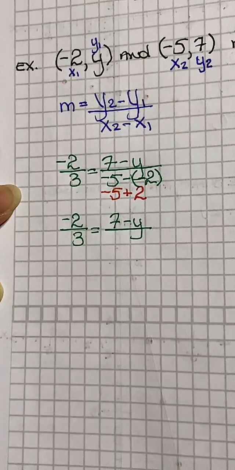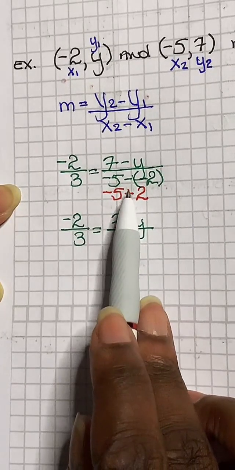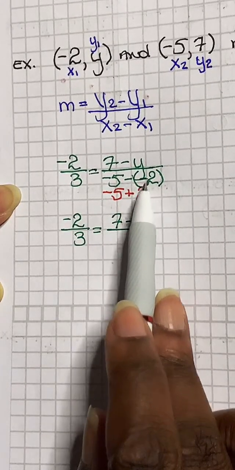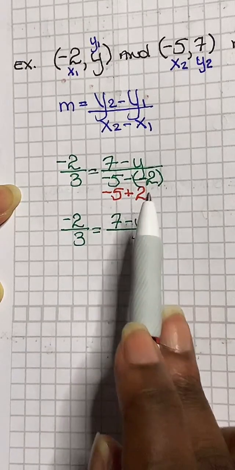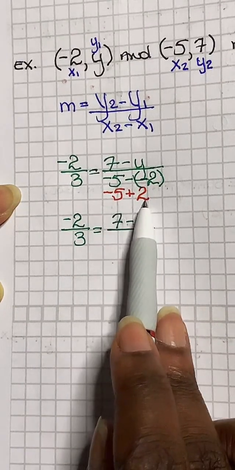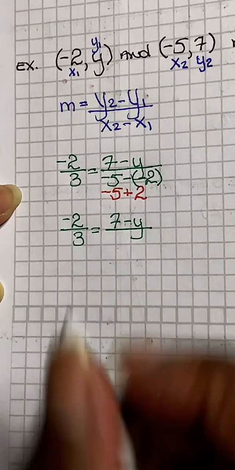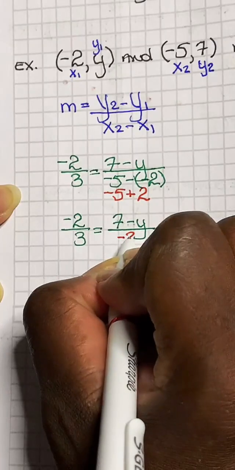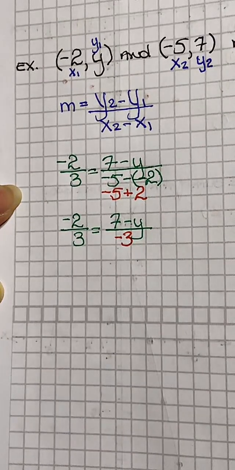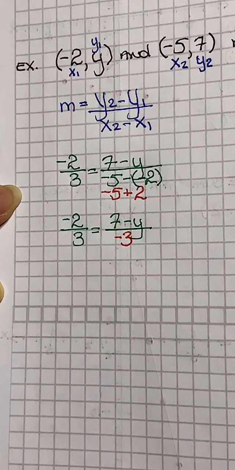So everything doesn't change, just the minus sign and the negative for the 2. So now we have negative 5 plus 2. You owe me $5. You paid me 2. That means you still owe me $3. So that's where the 3 is coming from. Do we see it now?